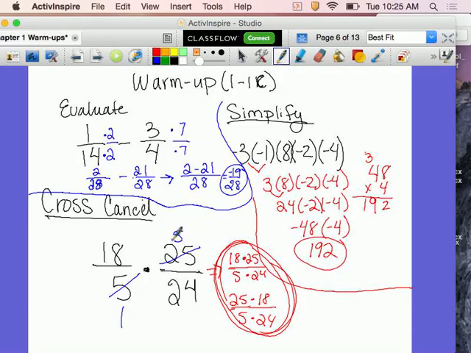It's always a top and bottom type thing, either up and down like over here, or across. 18 and 24 have a 6 in common, so 18 divided by 6 is 3, 24 divided by 6 is 4. Now you could multiply straight across and you have much nicer numbers to work with.